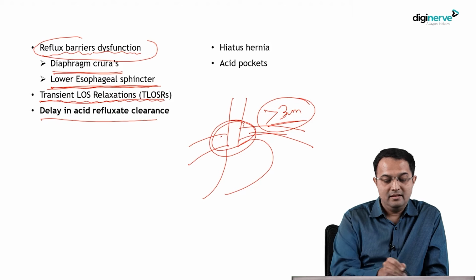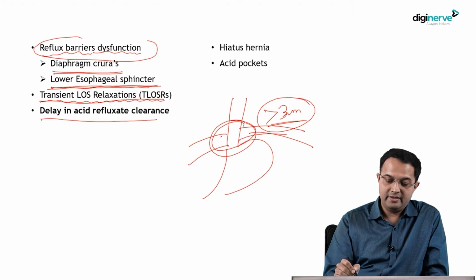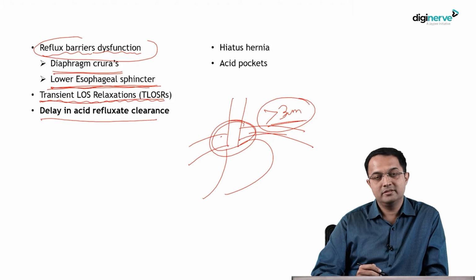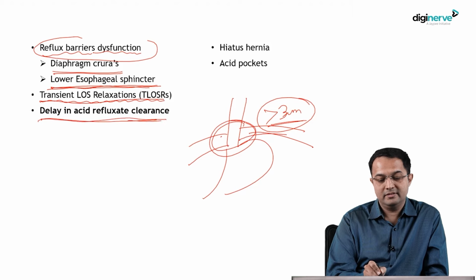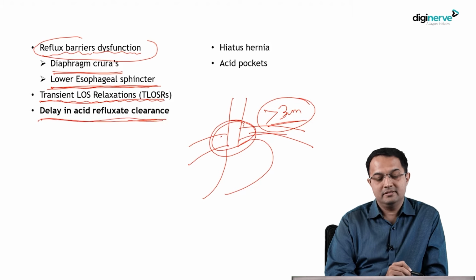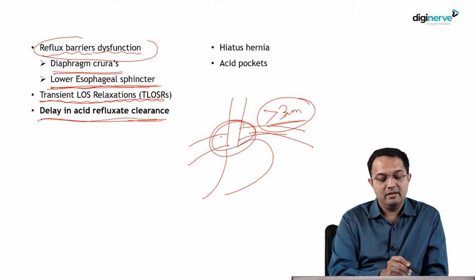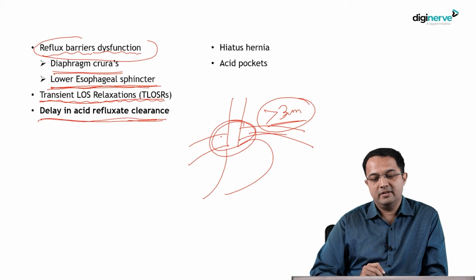The other thing is, whenever there is acid reflux in the esophagus, generally it gets cleared, but in patients, for example, who have motility disorders of esophagus, the clearance is not happening, there is delayed clearance of the refluxed secretions, and that's when you will have gastroesophageal reflux disease.